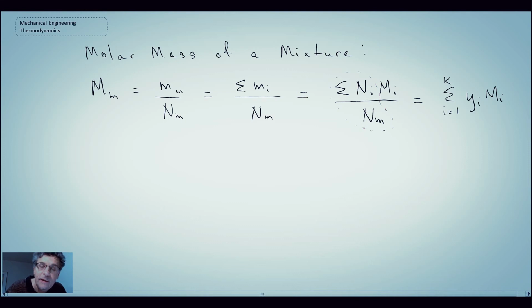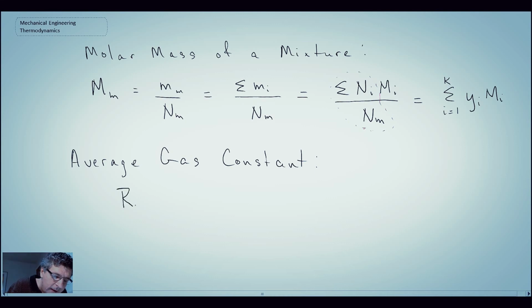Another thing that we'll be using: if we use the ideal gas equation, we often use the gas constant. We can look up the gas constant in the back of the book for different components, but if we have a mixture, the way to determine the gas constant for the mixture will be to take the universal gas constant and divide by the molar mass of the mixture.